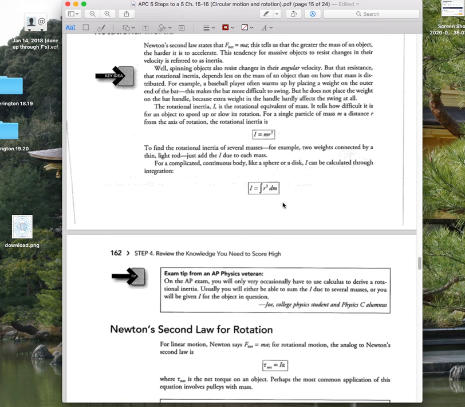You may want to look at the page in your textbook where they show you the formulas for moments of inertia for different shapes. It basically deals with where the average mass location is. I wouldn't say the center of mass, but the average mass location, because the center of mass for a hoop or a disk or a sphere, if it's uniform density, is still in the center.